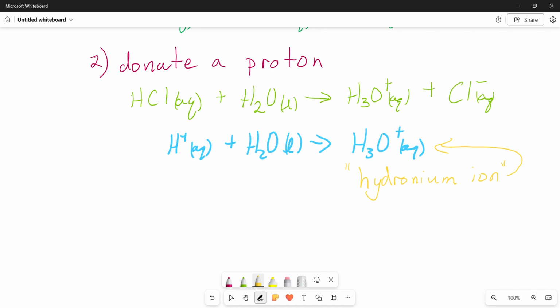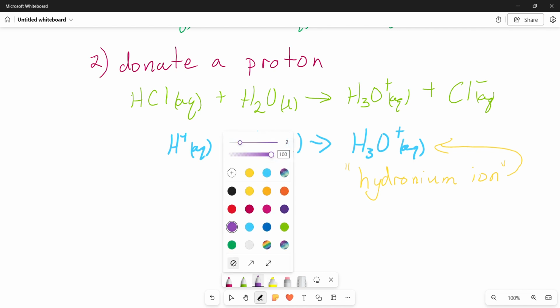So it's 6 water molecules surrounding an H plus. Okay? And the reason that happens is because H plus has a very high density of charge for its size because, I forgot to mention, it's just a proton.